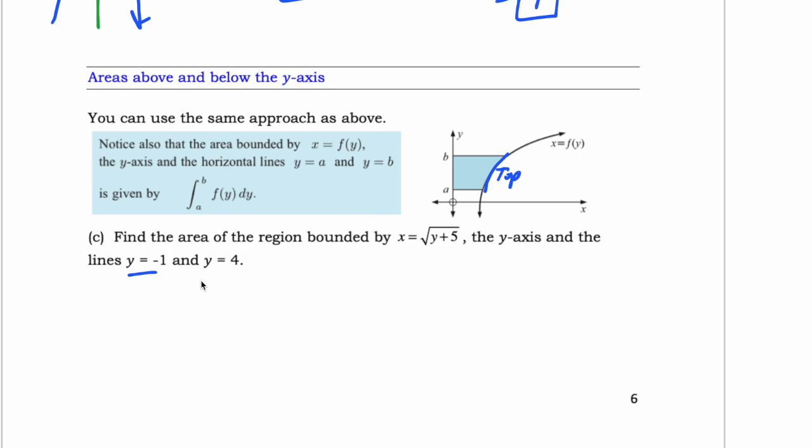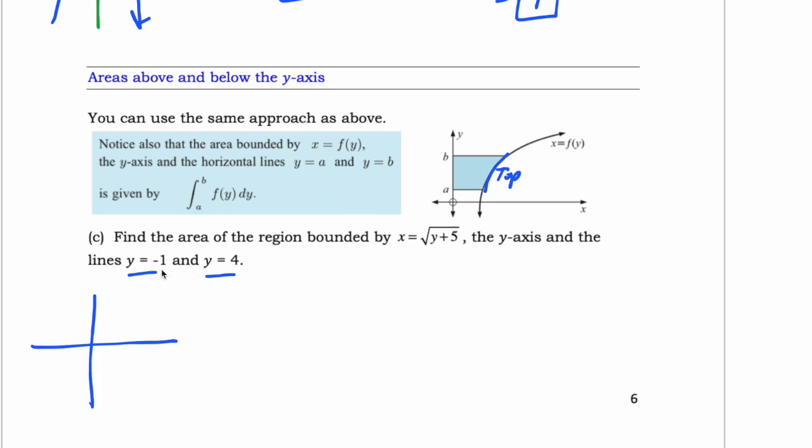Actually, this kind of doesn't quite match the picture, but this is from negative 1, so let's see what the graph of this looks like. The graph of that, x equals root y.